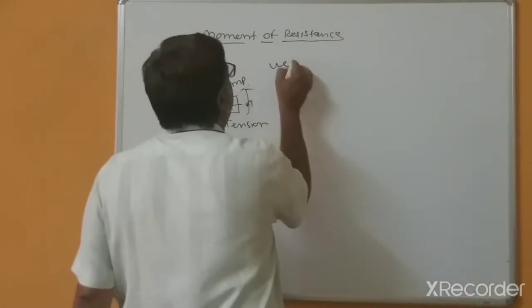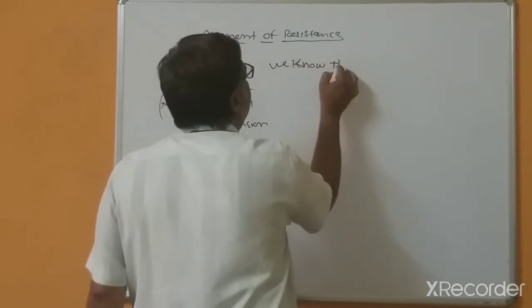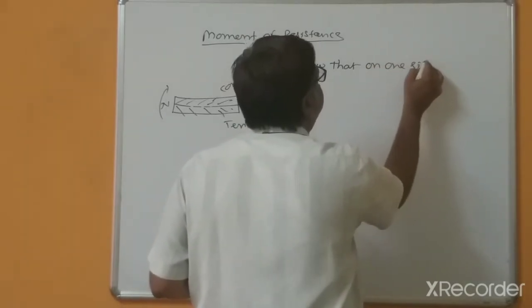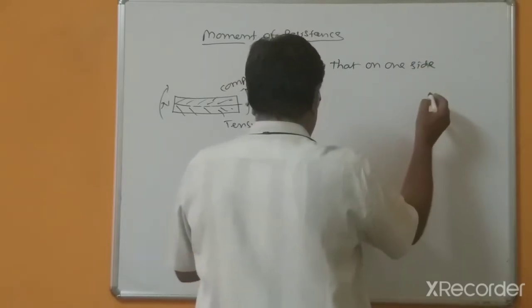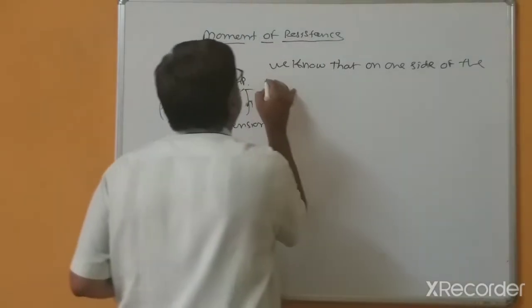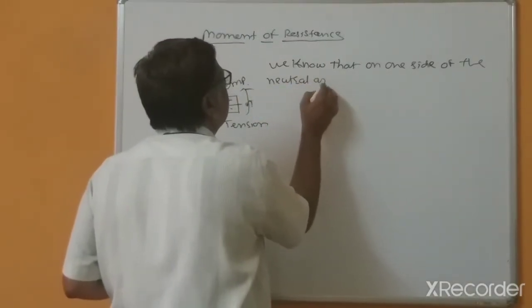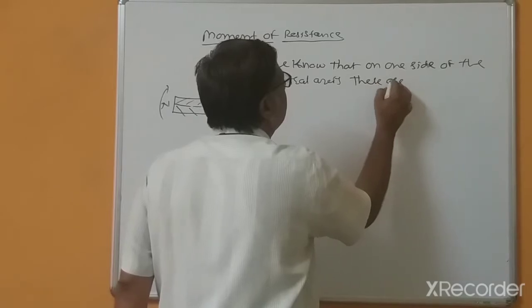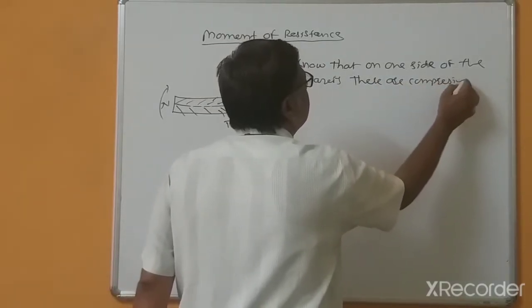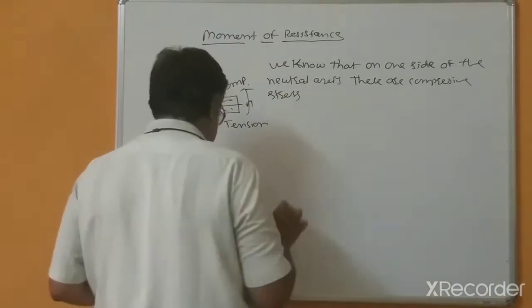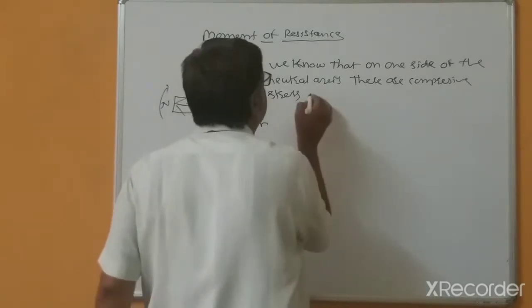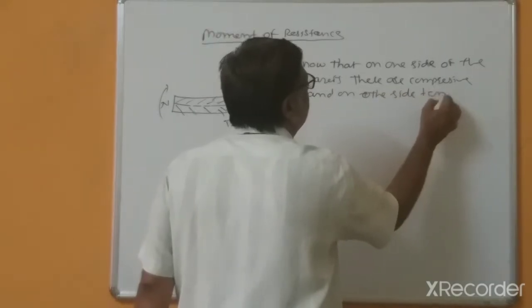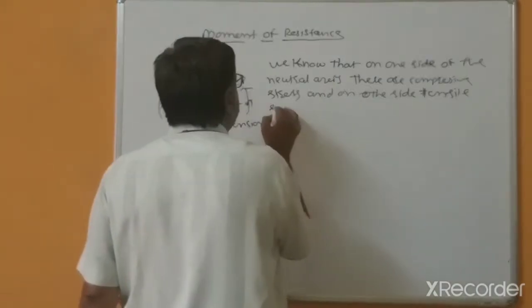We know that on one side of the neutral axis there is compressive stress, and on the other side tensile stress is induced.